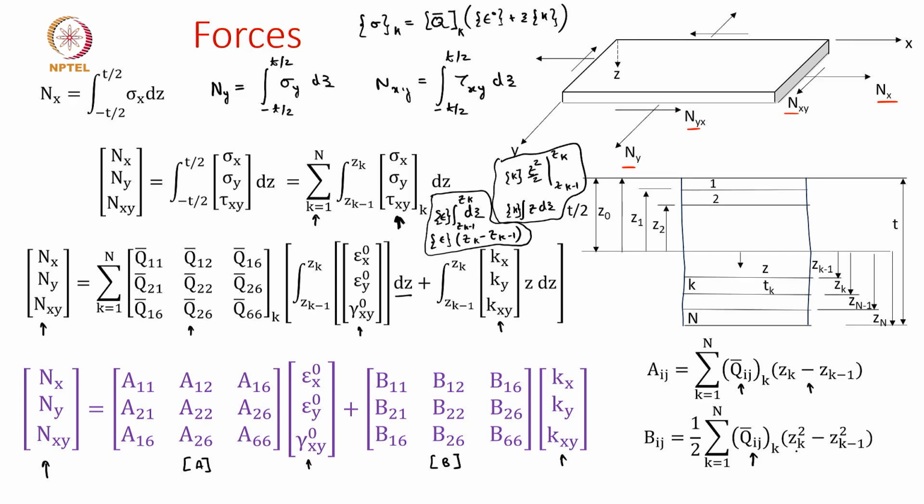So here we have zk square minus zk minus 1 square, and this half is coming from the integral. And where are these stiffness components coming from? These are coming from the stiffness matrix, which changes for each layer. That is why we need to write it as a sum over k equal to 1 to n, where n is the number of layers.